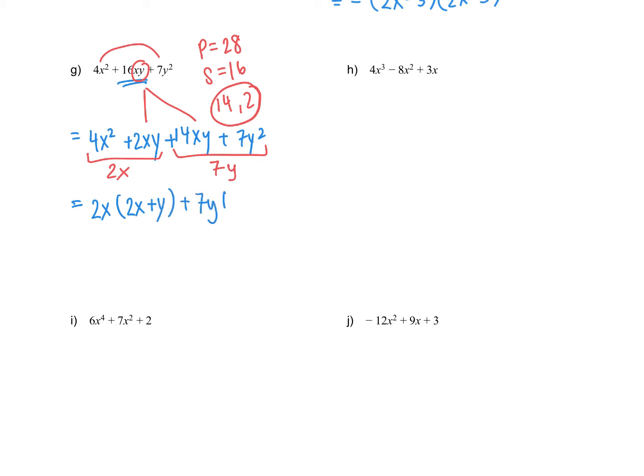And then 7y is the common factor for the next pair. 14xy divided by 7y is 2x. 7y squared divided by 7y is y. The brackets are matched. Perfect. So 2x plus y and 2x plus 7y at the start.